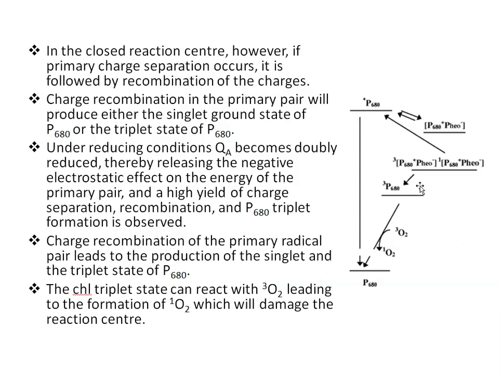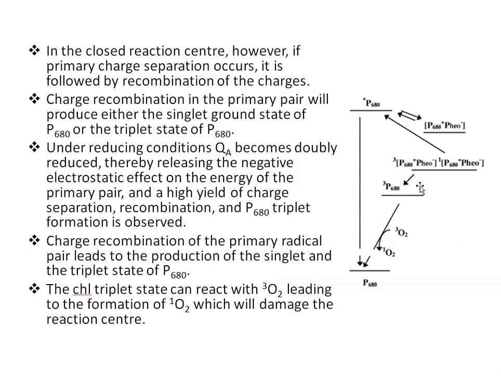The double reduction of QA and the high yield of P680 triplet formation in such centers have been suggested to have some relevance to photoinhibition. The occurrence of doubly reduced QA, however, has never been shown to occur under normal physiological conditions.